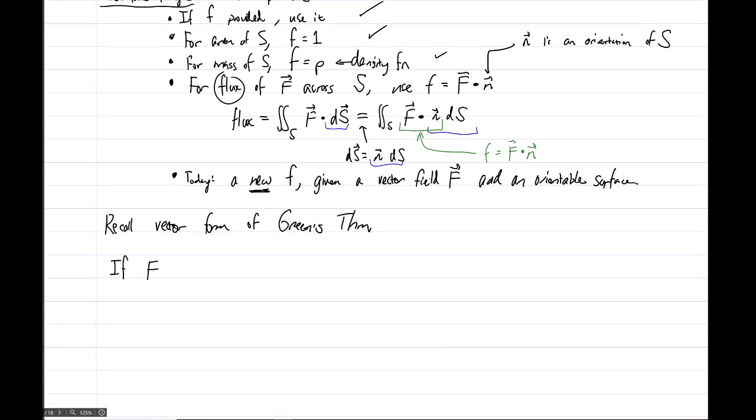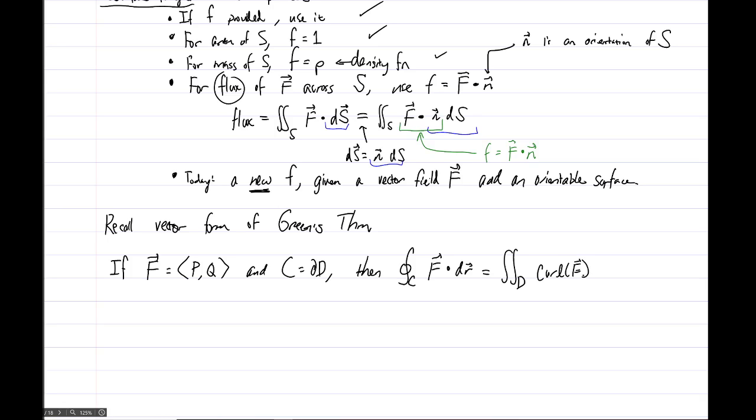If F was the vector field with components capital P and capital Q, and C is the boundary of a two-dimensional region D, then the line integral over the closed curve C of vector field F dot dr arrow ended up equaling the double integral over the two-dimensional region D of the curl of F dotted with the unit vector k dA.